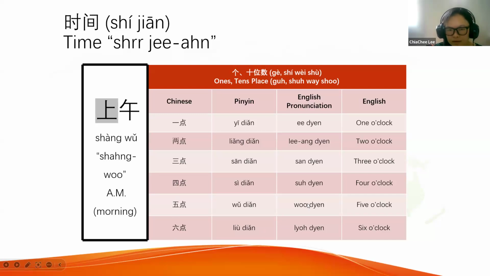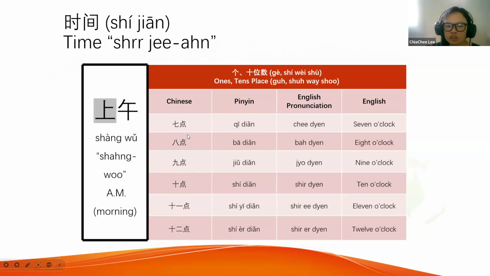Again, the 点 or the o'clock is placed behind the number. That's why we have the number in front and the 点. It will carry on in 个位数 up till 十位数, means we will have 一点, 两点, 三点, 四点, 五点, 六点 up till 12点.